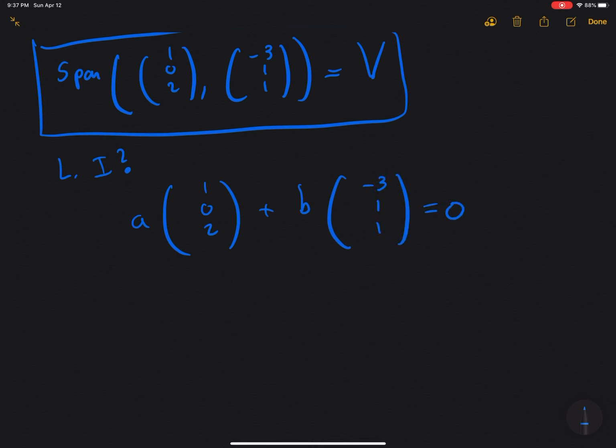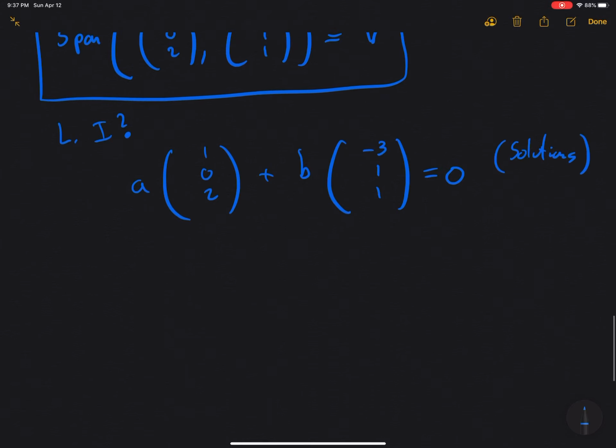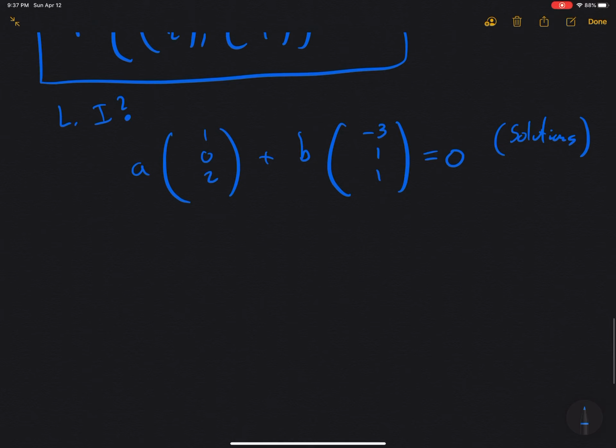Remember that in order to check if a set of vectors is linearly dependent or independent, I would ask for solutions of the secular equation. So if I try to work out this secular equation, what I would have is the following thing. I would get a times (1, 0, 2) equals negative b times (negative 3, 1, 1).